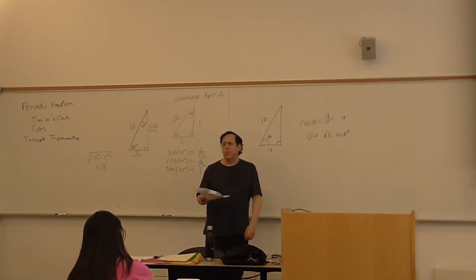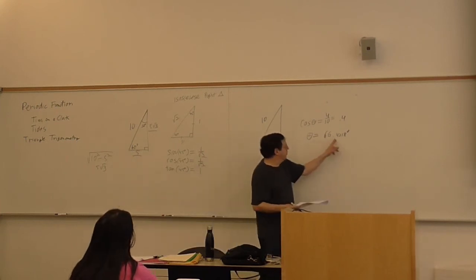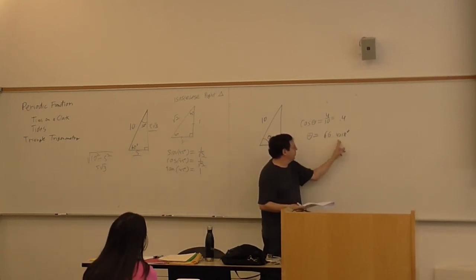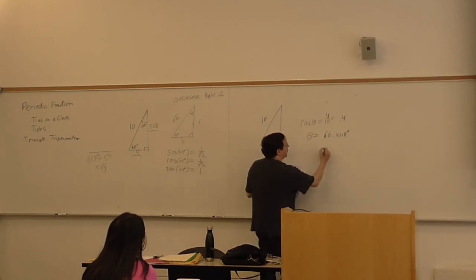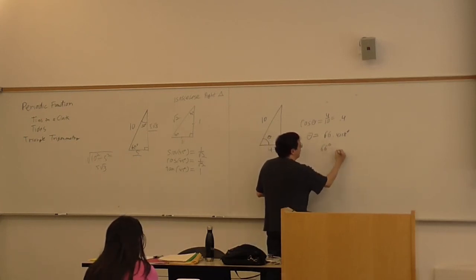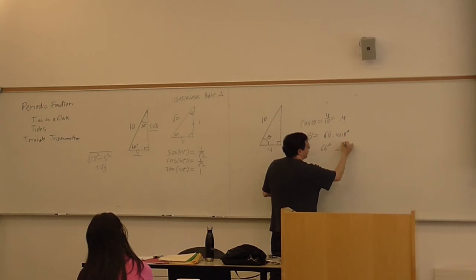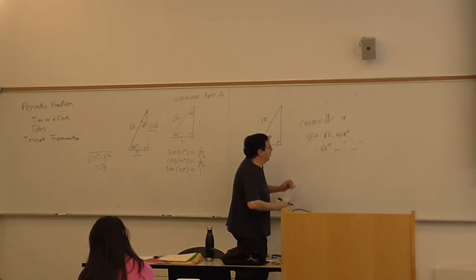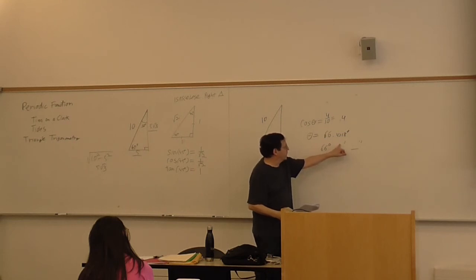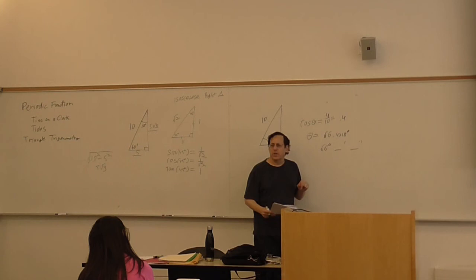Since we're going to run into it a little bit, I want to mention that often degrees are not listed this way, it's just a decimal. Often we'll list degrees and then minutes, we'll use a tick, and then seconds. Does anyone know the relationship between a minute of angle and a degree?